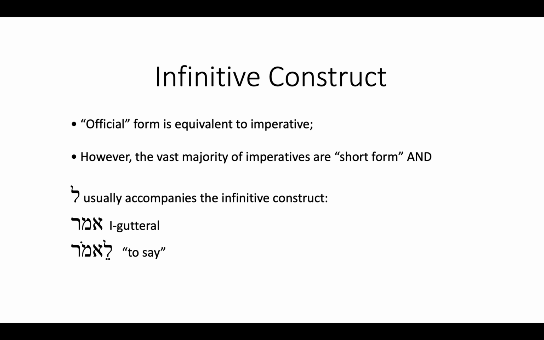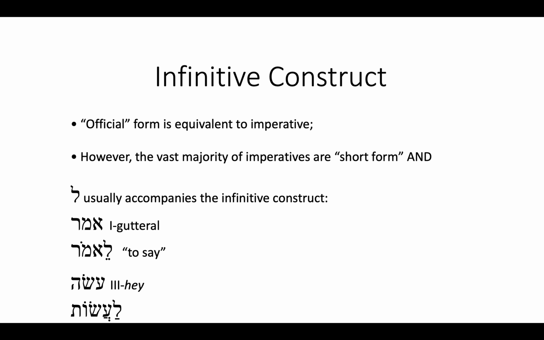So we have some more different vowels under the lamed. We have our form lemor, which we just talked about. Lemor is actually the infinitive construct of the verbal root aleph mem resh, to say or to speak. So literally, lemor is to say, but grammatically, it's treated more like a quotation mark. Now they get a little odd.